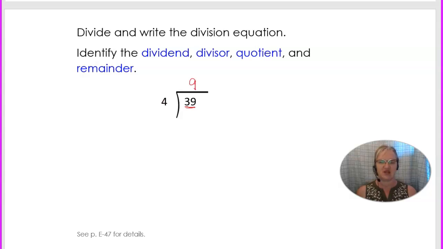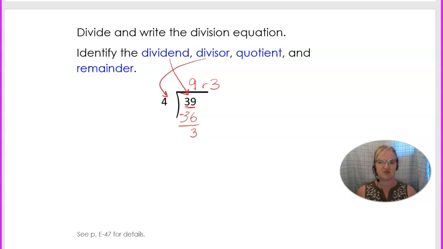4 times 9 is 36. 36 goes down here. We've used up 36 things when we multiply 4 times 9, so we subtract them. 9 minus 6 is 3. 3 is smaller than 4, so 3 is our remainder. So here we have the dividend, the number that we are dividing.